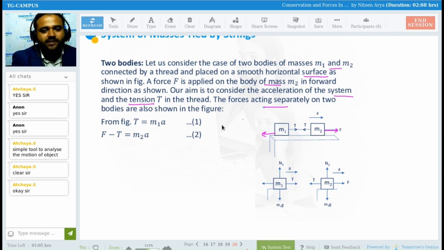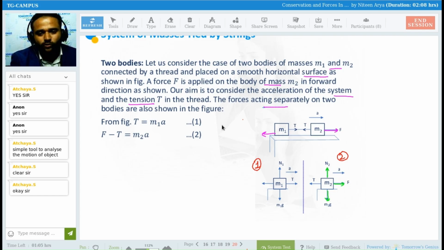So first of all, from the system we separate these two masses. On mass 2, we apply a force in this direction. Fair enough. So that is going to be accelerated in the right hand direction. But due to gravity, there is m2g, and due to the surface, there is a normal force n2.